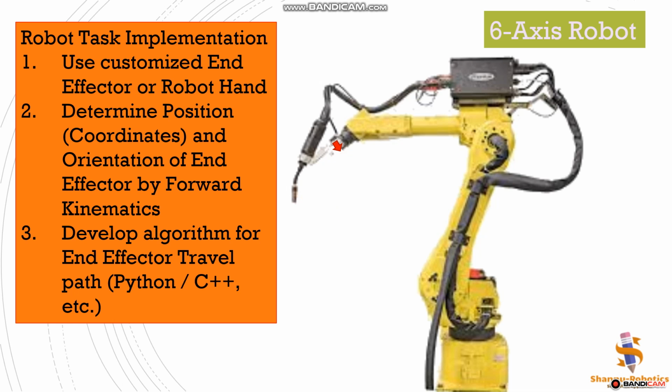And then finally, you have to develop algorithms of travel. As I said earlier, you have to know some simple kinematic equations, which you will be using in Python programs. Just like human beings have a brain and a hand to work, your brain is like a CPU or a programming part which helps your hand to move. In the same way, robots need to be pre-programmed to do a repetitive task.